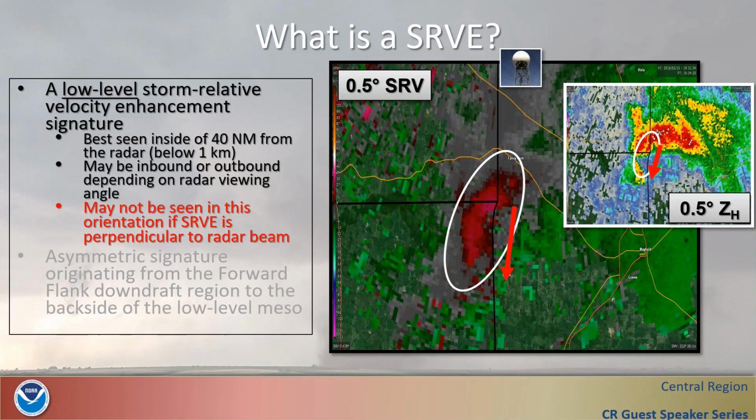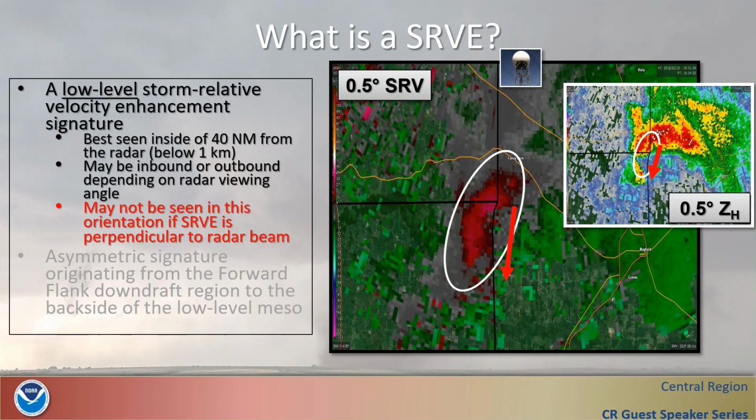Generally, from what research suggests, when you're looking at the proper area of the forward flank, you want this to be below 1 kilometer. So again, we can't get away from the radar horizon issues, so you're going to need to be fairly close to the radar to see this.